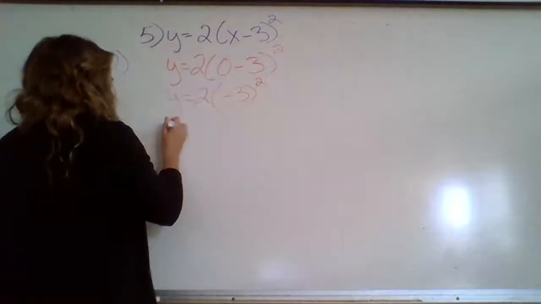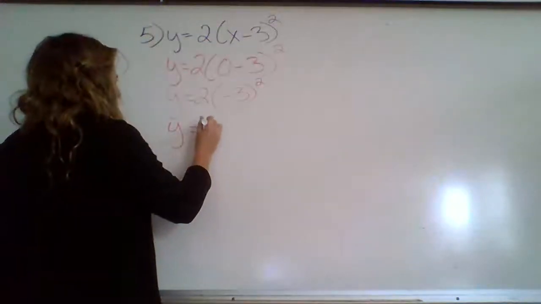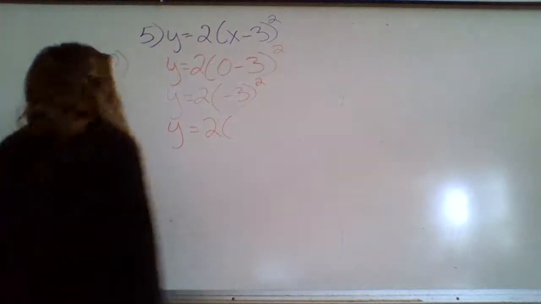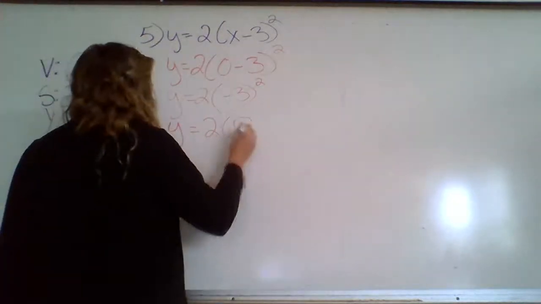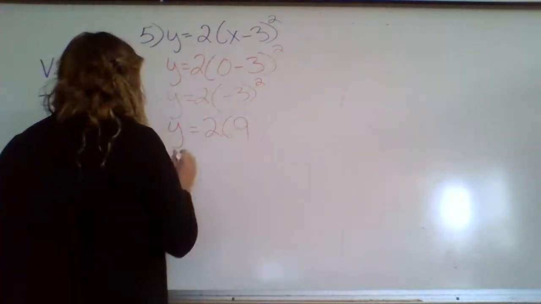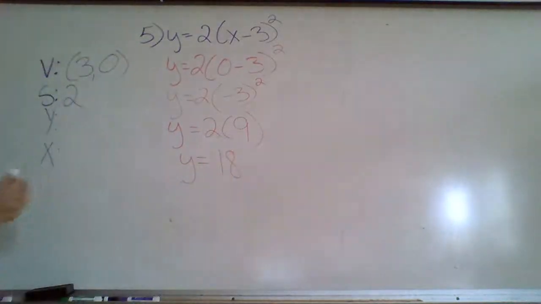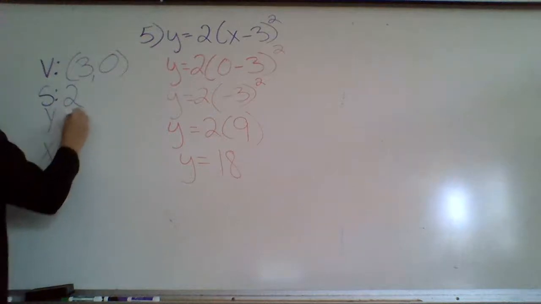Y equals 2 times -3 squared. -3 times -3 is +9. So y would be equal to 18. Ta-da! So then your y-intercept is x is 0, y is 18.